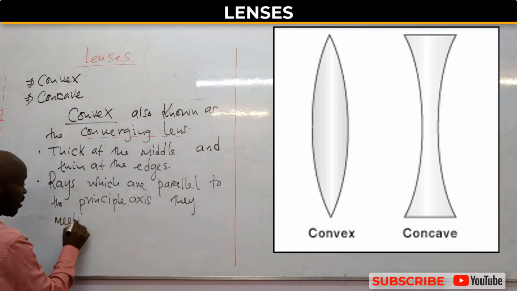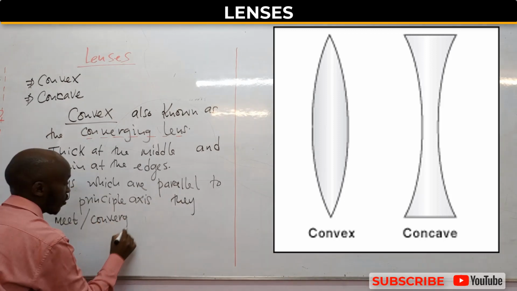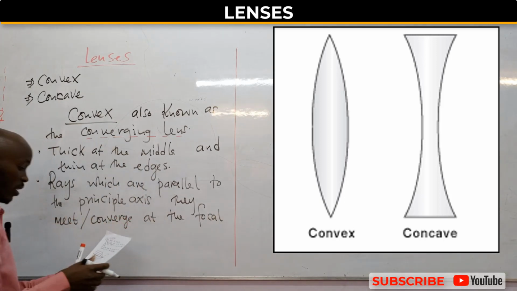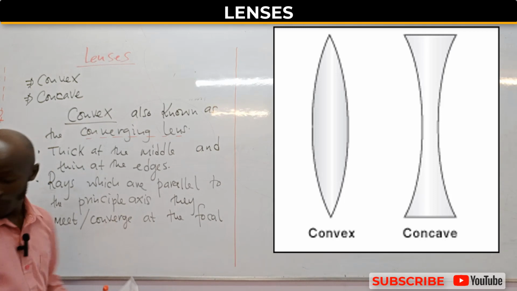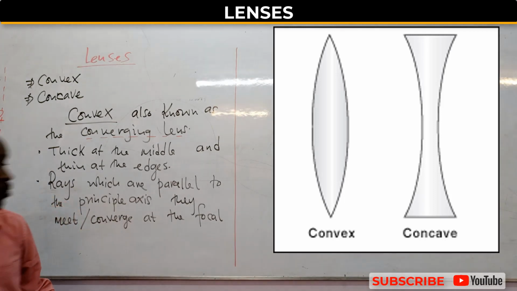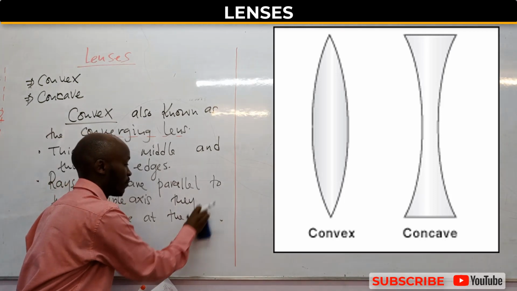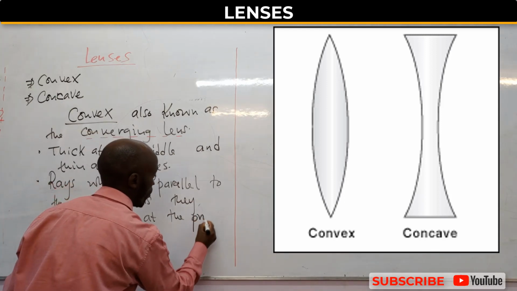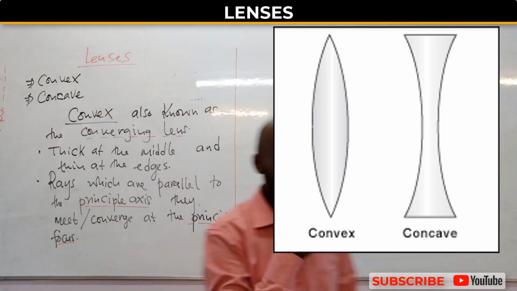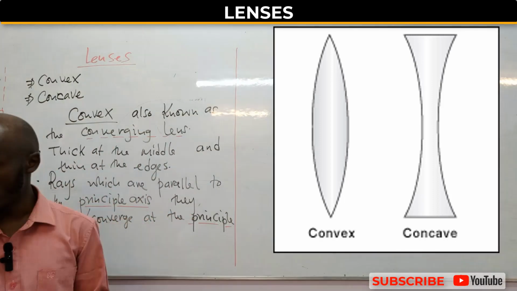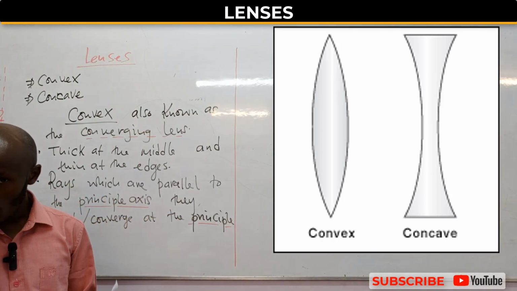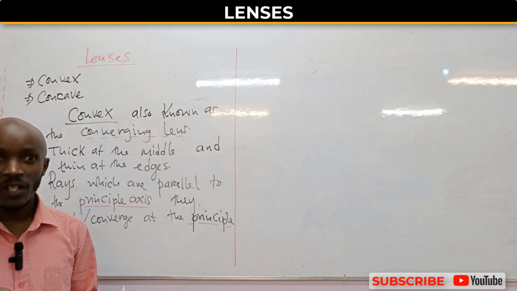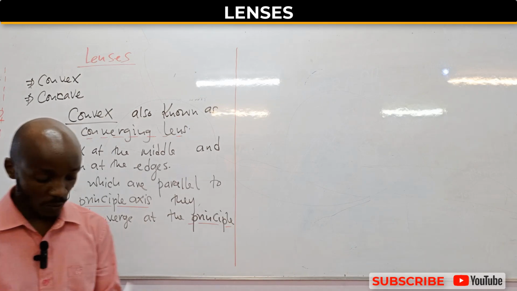We can say they meet, or they converge at the focal point, or the principal focus. Now, the distance between the principal focus and the middle of the lens, or the center of the lens, what do we call that? The focal point. Very good. So we note that one down.